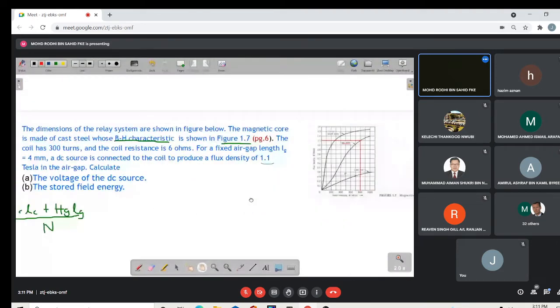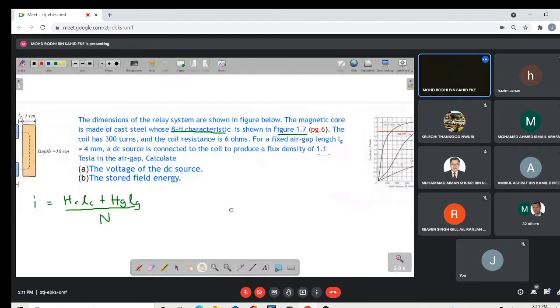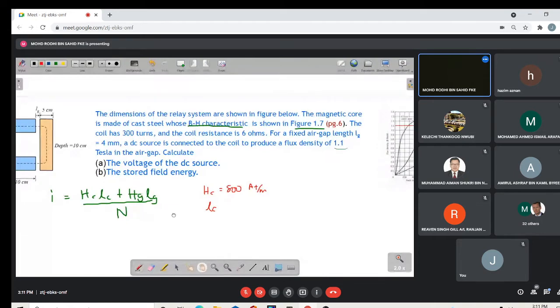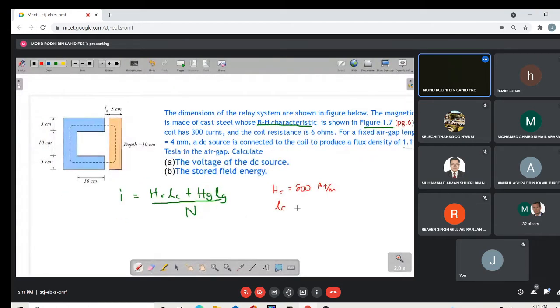So what you get is HC for the core is equal to 800 ampere turn per meter. Now we have to find LC, HG, and LG. So what is LC? The length of the core. Can somebody help me?